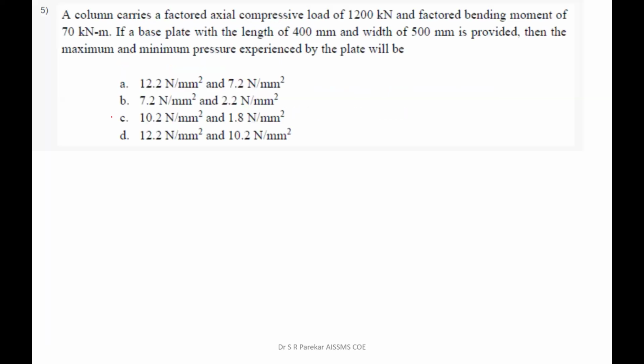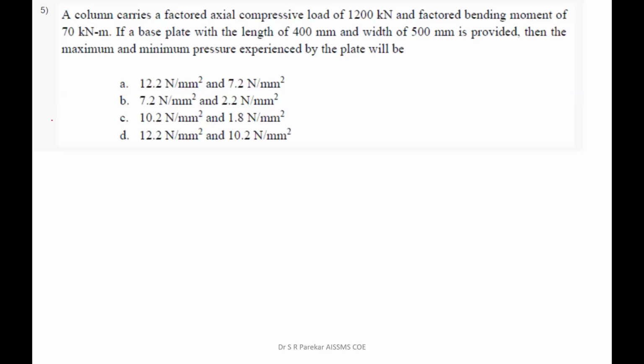Then we have the fifth: a column carries a factored compressive load of 1200 kilonewton and factored bending moment of 70 kilonewton meter. If a base plate with the length 400 and width of 500 is provided, then the maximum and minimum pressure experienced by the plate will be.